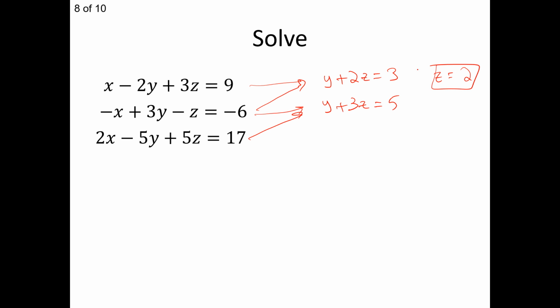So there's my value of z. This is part of my linear system. Each one of these has an equation to it, and I can pick one equation out of each of these, put them together, and form an equivalent linear system.